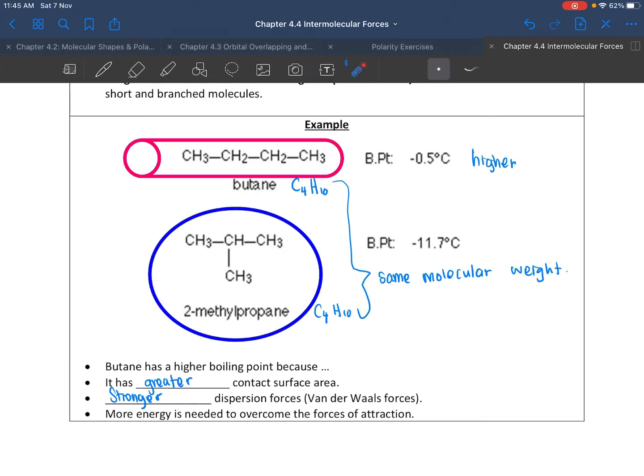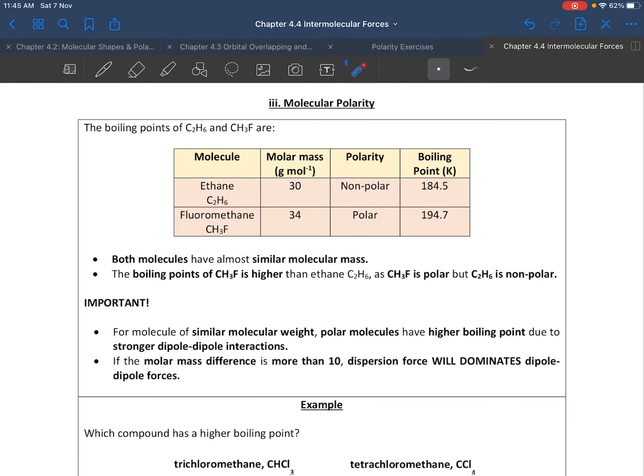Okay, so if the question asks for an explanation, make sure you have this point here. Right, so the last factor affecting the strength of van der Waals forces is molecular polarity. But let me remind you again, let's say you have two molecules A and B and you want to compare which molecule has stronger van der Waals forces. First you look at their molecular weight.